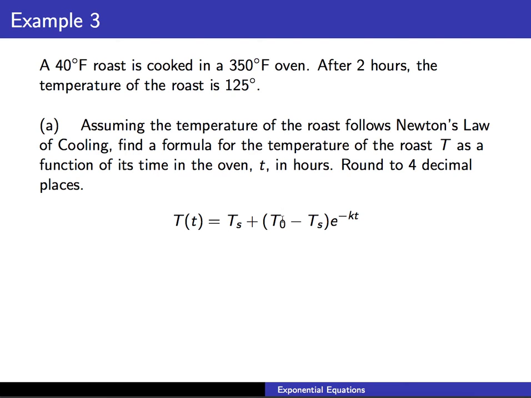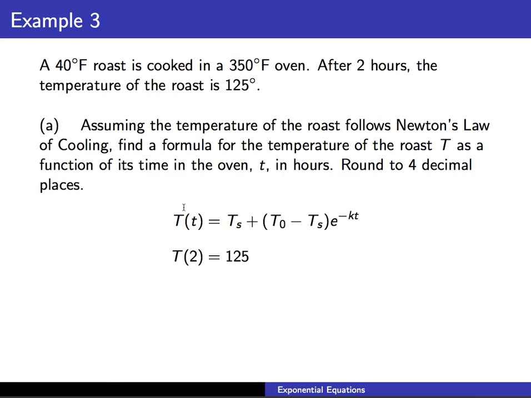So our initial temperature of the roast is 40 degrees, and the temperature of the oven is 350 degrees. Now, after 2 hours, so when lowercase t here in the exponent is equal to 2, the temperature of the roast, this side, is 125 degrees. So at 2 hours, the roast has reached an internal temperature of 125 degrees.